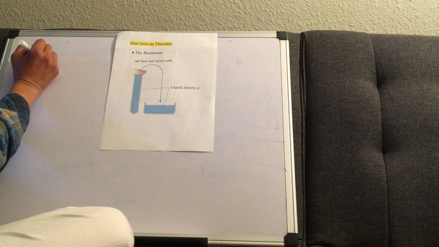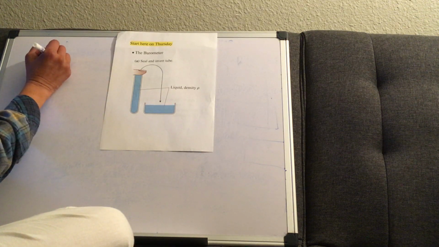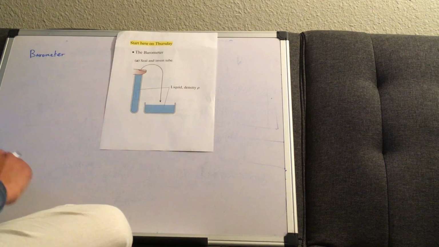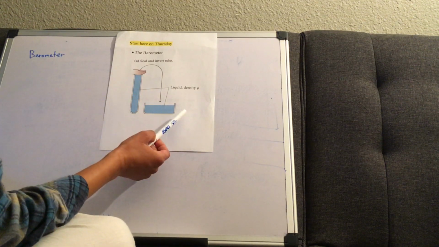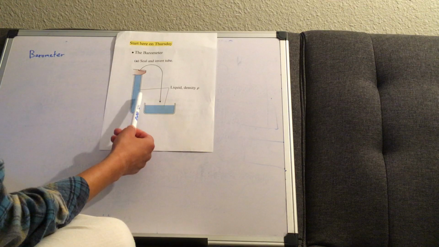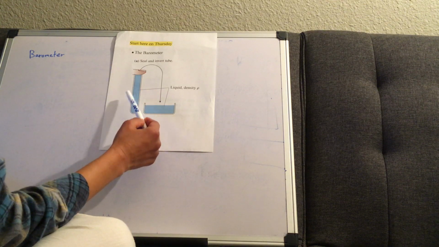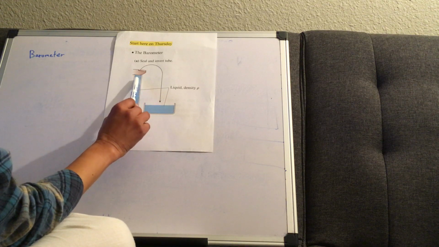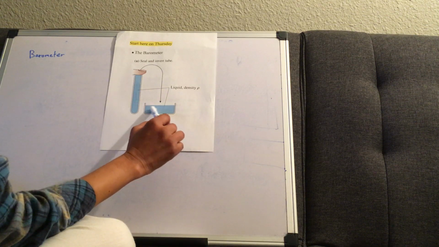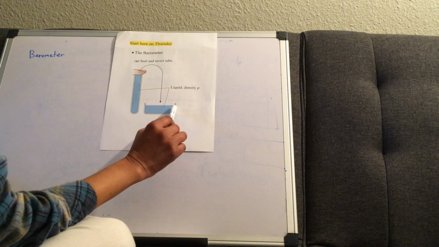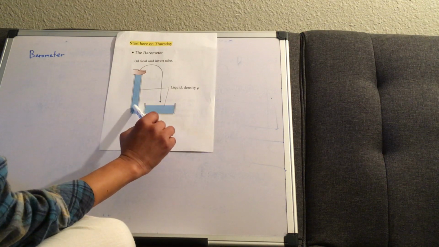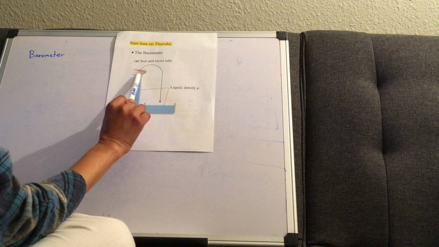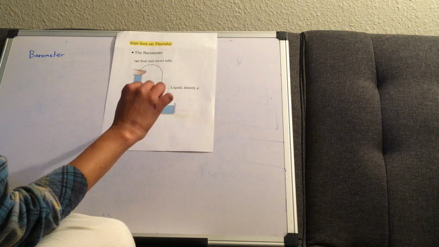So imagine we have this fluid or liquid here with density rho that is filled. And then there is also this fluid here in the container. What we are going to do is seal this with the thumb and then invert it and then put it inside here.